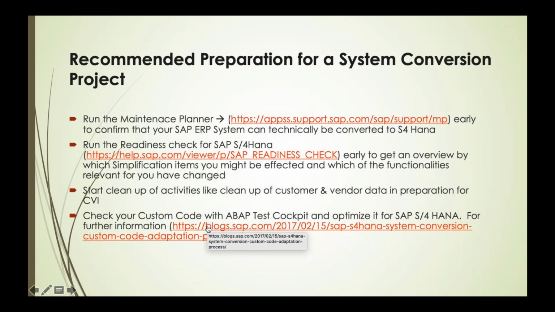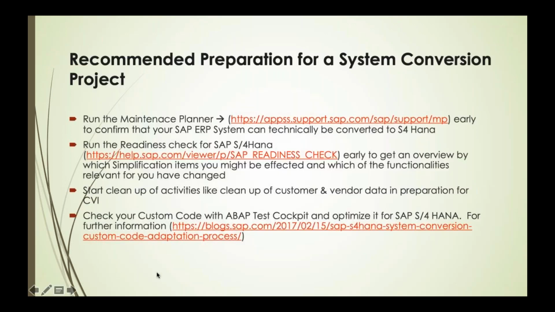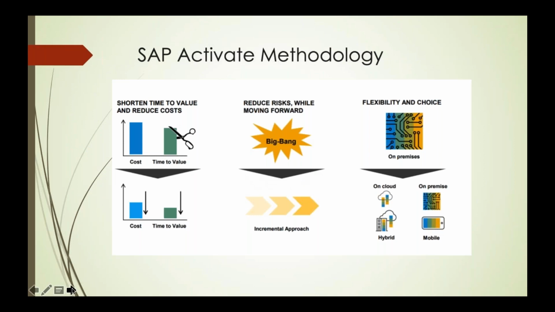With HANA, the biggest advantage that we have, because of this Activate methodology, is that it is now what we call a sprint model, unlike before where you had a big bang approach, where you take the requirements for the whole process, you run the blueprinting phase for about 6 months, then you do your realization for 6 months, you build a process, take testing for another 6 months, and then by the time you fix all your bug fixes and move, it's a long process.